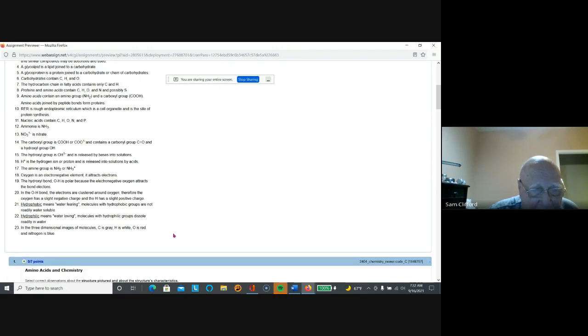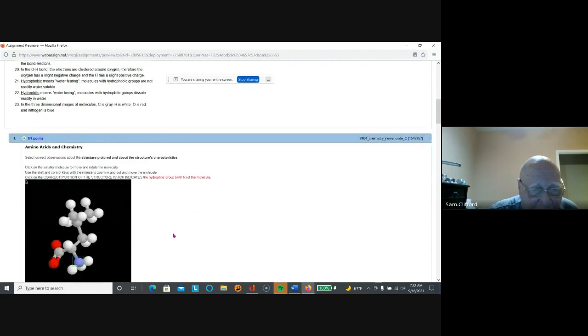Okay, so let's look at the amino acid structure. So this is the nitrogen of the hydrophilic nitrogen group. Nitrogen is also electronegative. This is the carboxyl group with C double bond and O, and this is another oxygen. The grays are carbon.